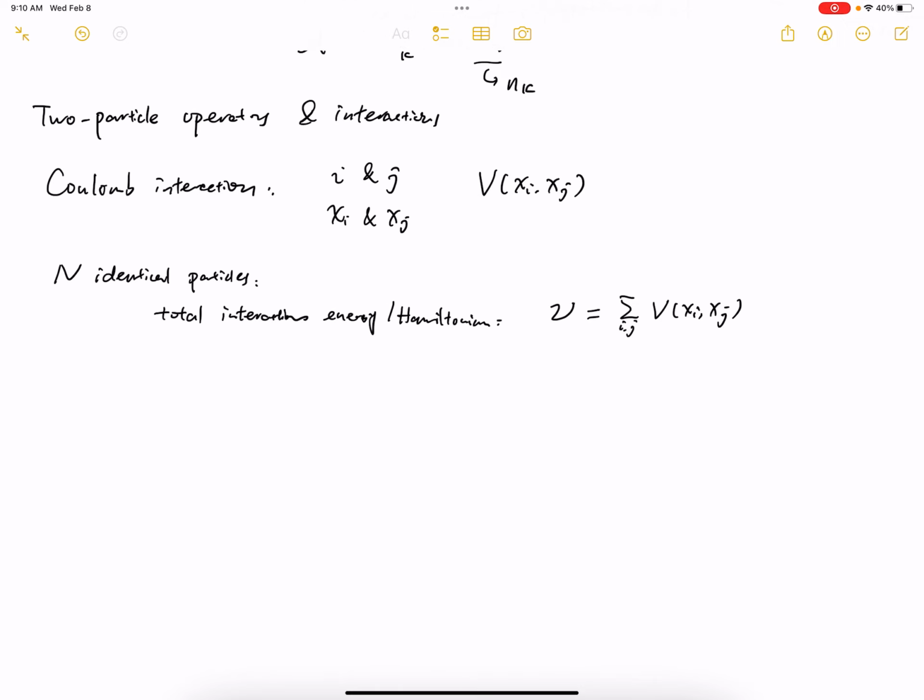So how do we do this? This is actually not very hard, because here we see that this is a potential energy, an interaction energy between two particles at xi and xj. And first we can use the position basis.